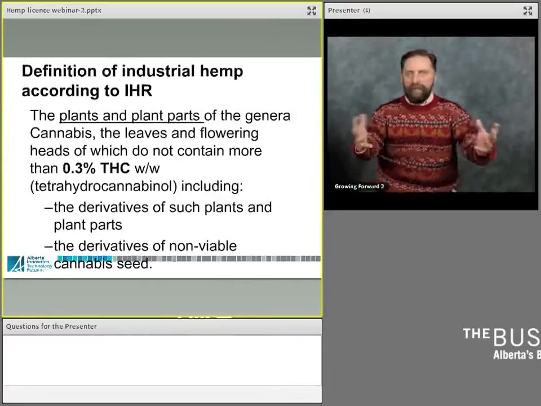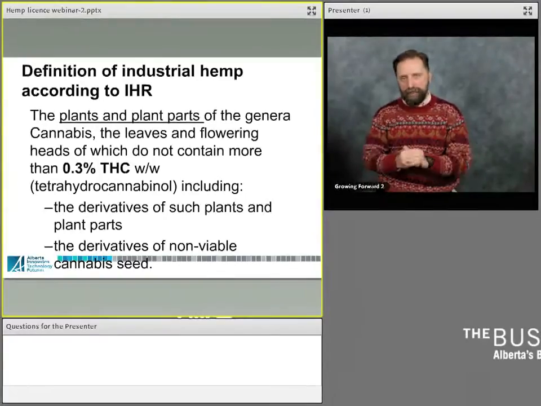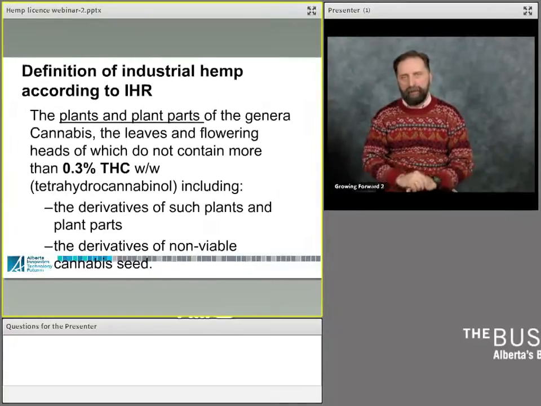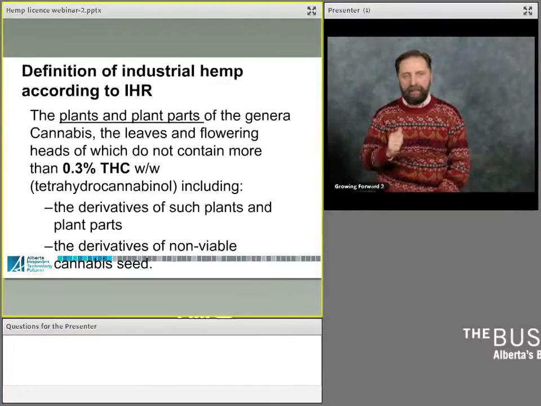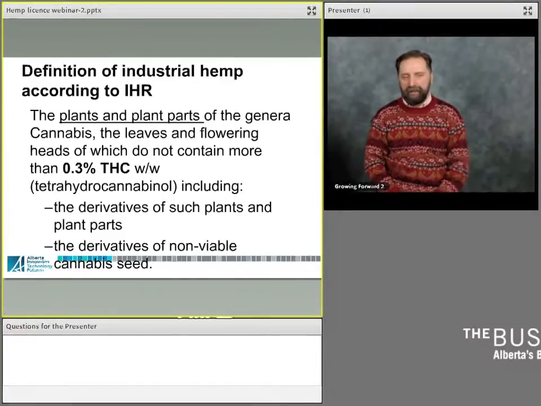Okay, so we're talking about industrial hemp for so long. What's the definition of industrial hemp according to the industrial hemp regulations? According to this very important document, which I want you to extract from the internet, read, familiarize yourself with, and understand: industrial hemp is the plants and parts of plants of genera cannabis, the leaves and flowering heads of which contain less than 0.3% of THC.